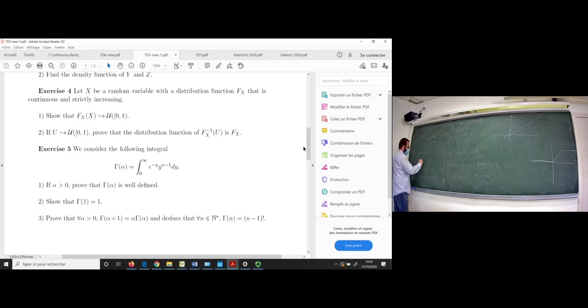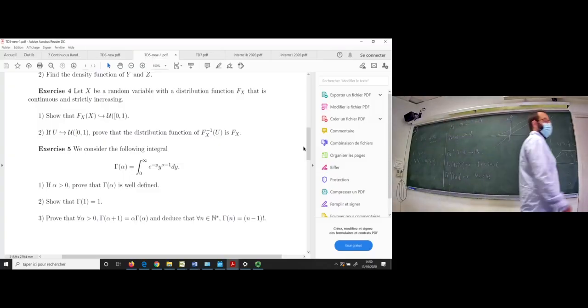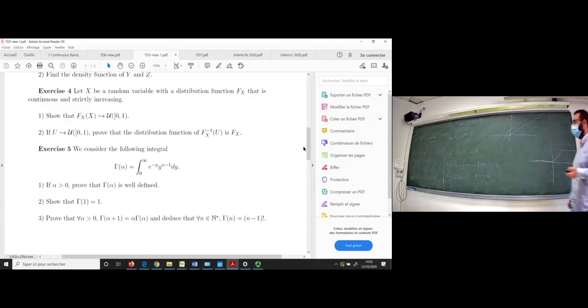It is always uniform on the interval (0,1), always. And what is interesting here is that it's true whatever the distribution of capital X is. If you take the distribution function of X and apply it to capital X, you always find a uniform distribution. Always. It's the first question I have to solve.